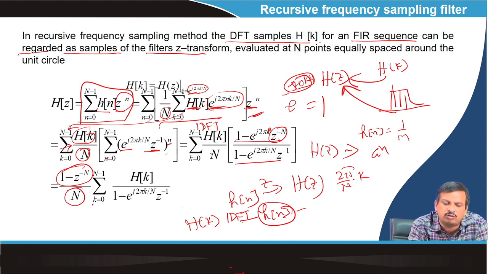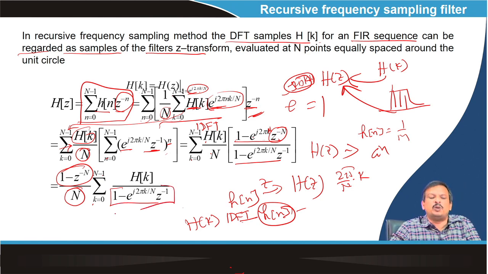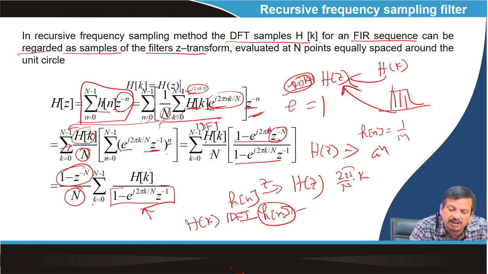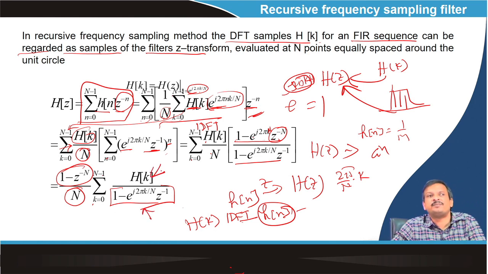Then the sum from k equal to 0 to N minus 1 of H of k divided by 1 minus e to the power j 2 pi k by N into z to the power minus 1. So this is my H(z) for a given H(k).